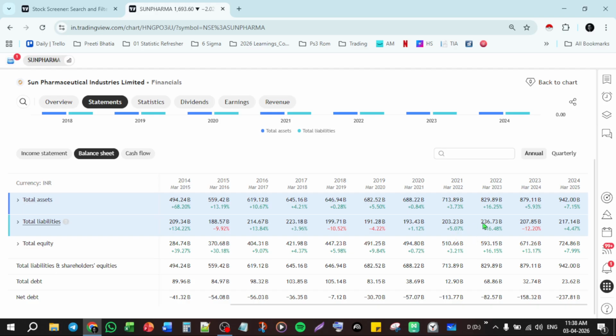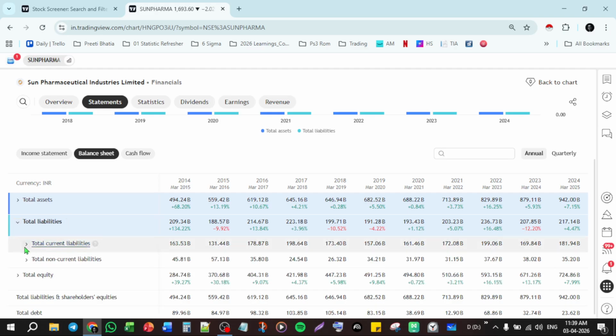Liability is increasing and then decreasing and then again increasing. Means they're constantly taking money and also reutilizing, which is a good sign. You will not get any company without liability. And if you're interested to understand liabilities more, just click on this.